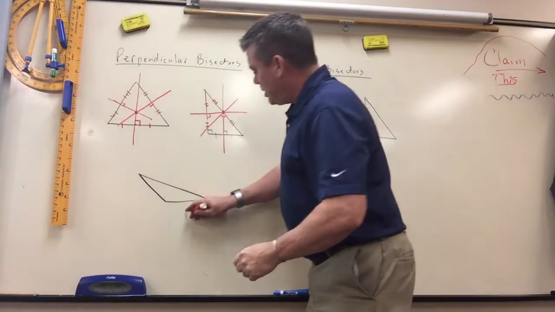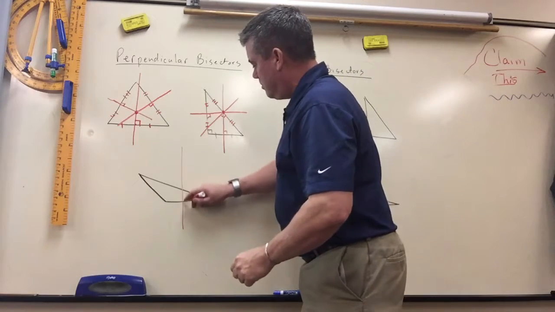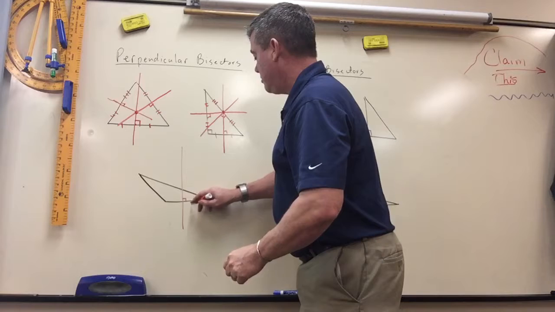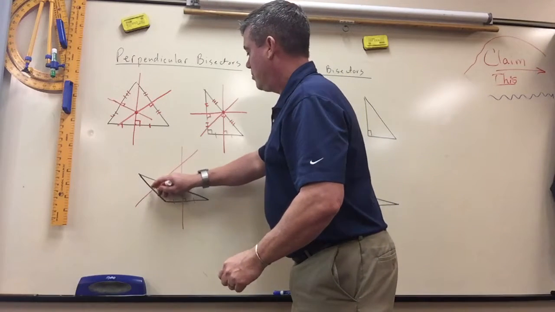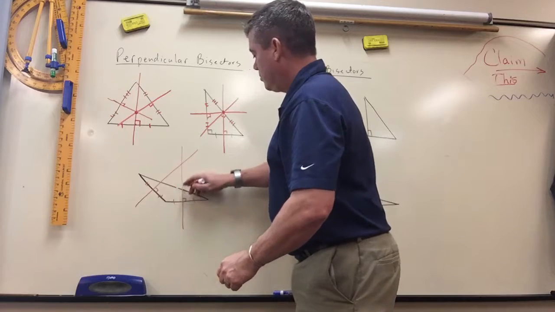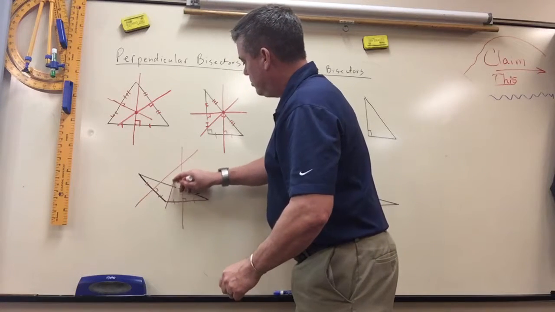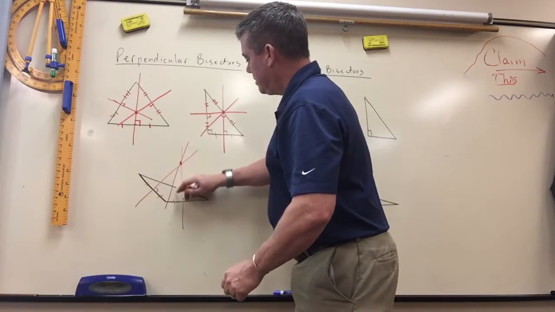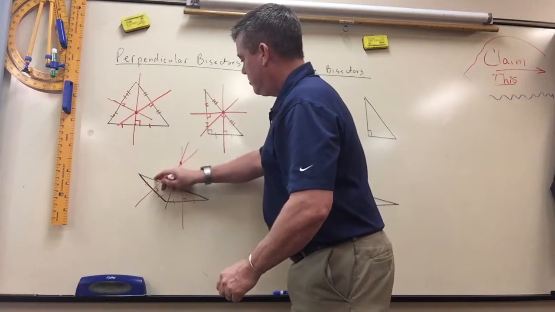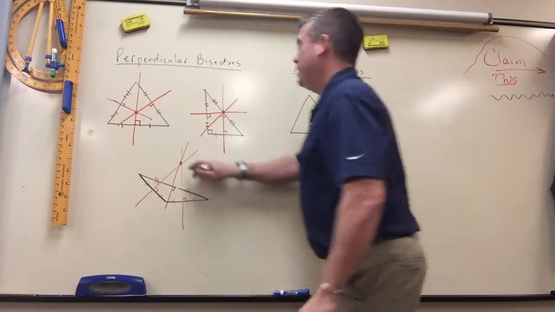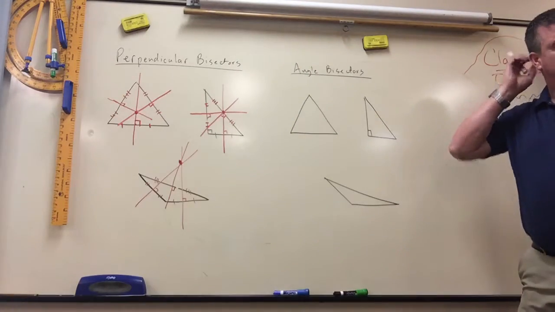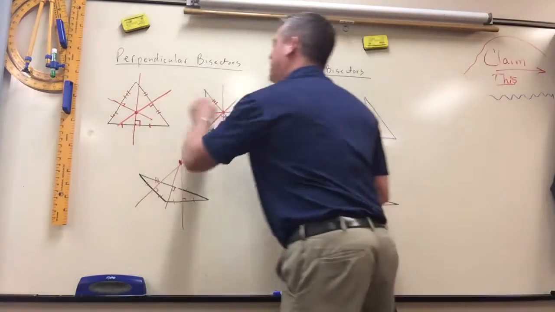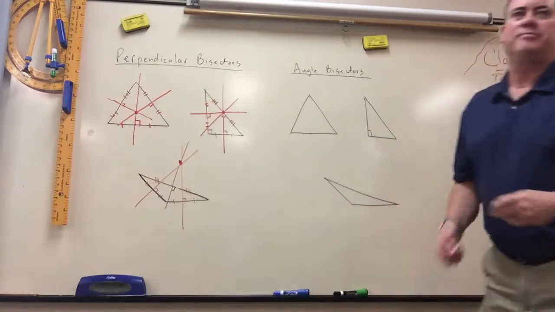And then when you do an obtuse, it is on the outside. Pretend those intersect. Okay? So the perpendicular bisectors will always intersect either inside, on, or outside.